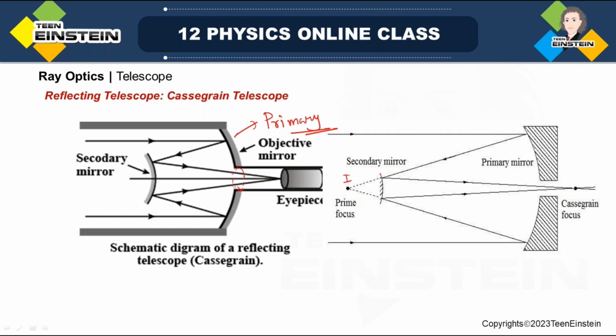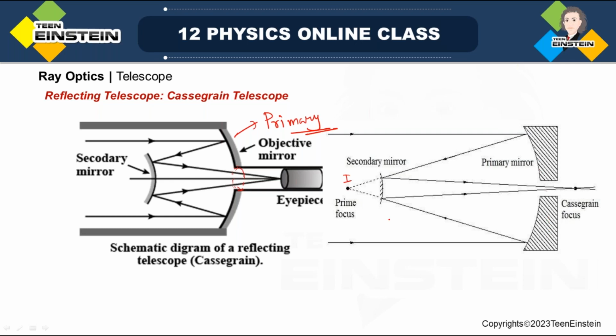So after reflection from the secondary mirror, the rays will go through this hole, in this direction. So that's why we require a hole at the middle of this primary objective mirror.